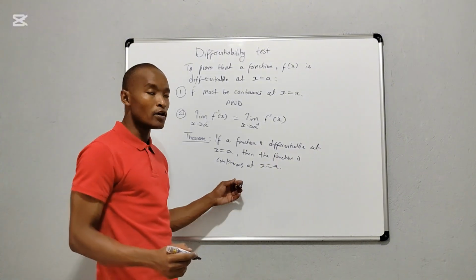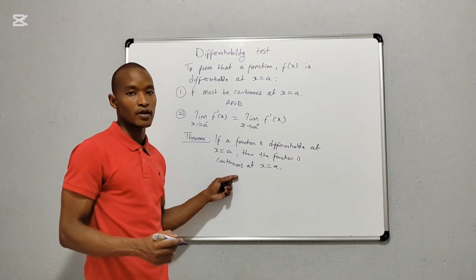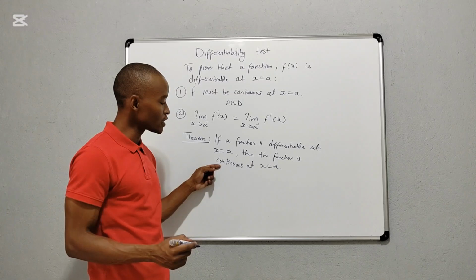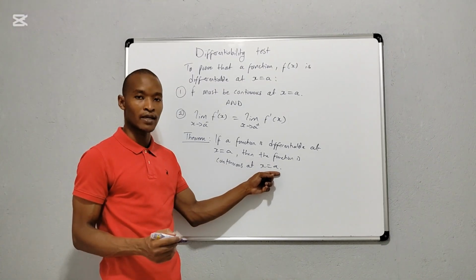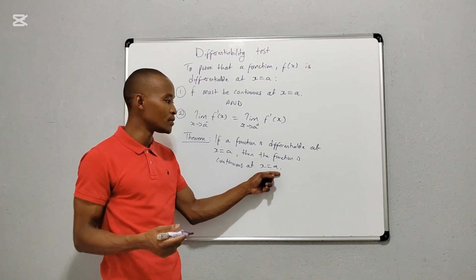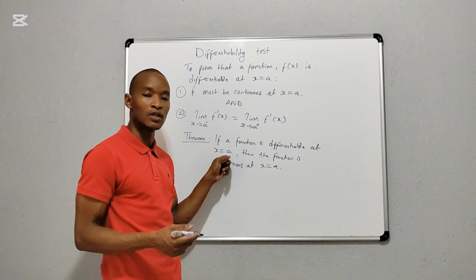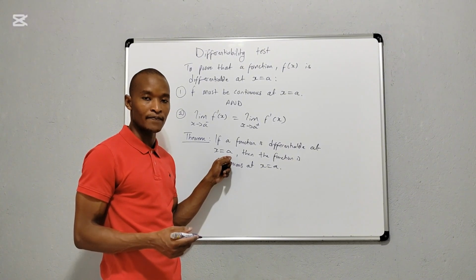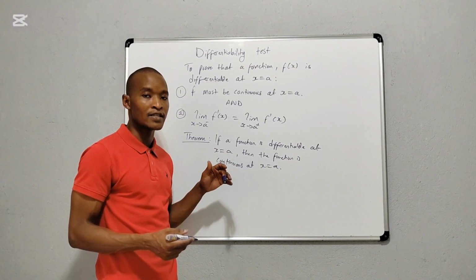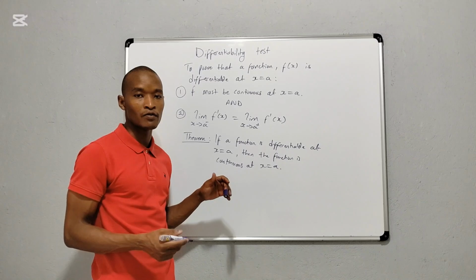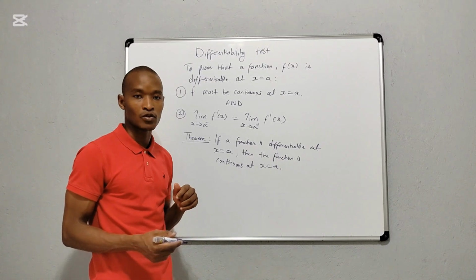Okay? The converse of this theorem is not true. If a function is continuous at x equal to a, it does not necessarily mean that it will be differentiable at x equal to a. Okay? I will give you 3 examples to convince you that the converse is not true.